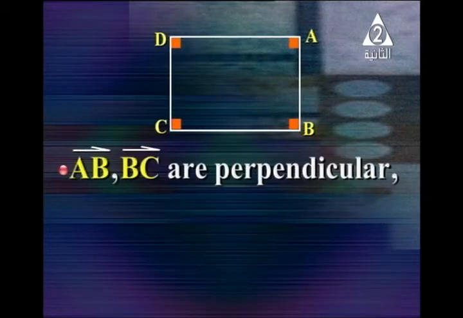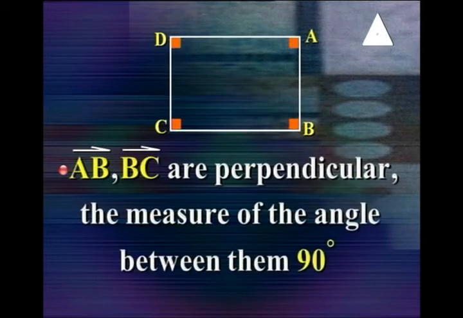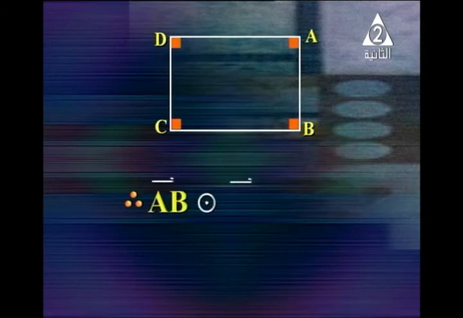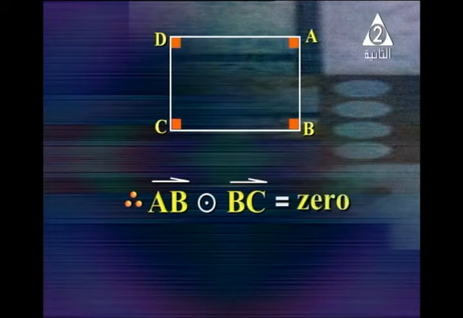Look, AB vector and BC vector are perpendicular, a right angle between them. The measure of the angle between them is 90 degrees. Then what is AB vector dot BC vector? It equals 0. Why? Cosine 90.